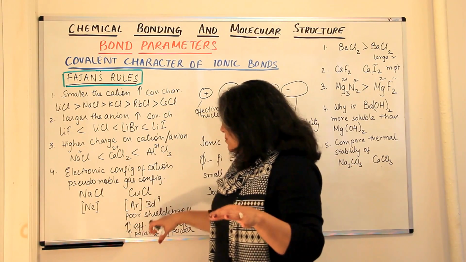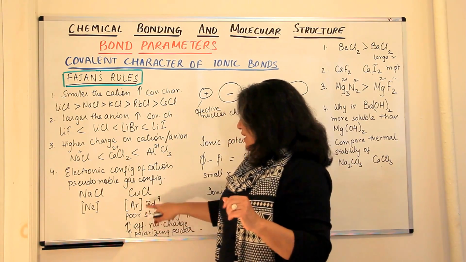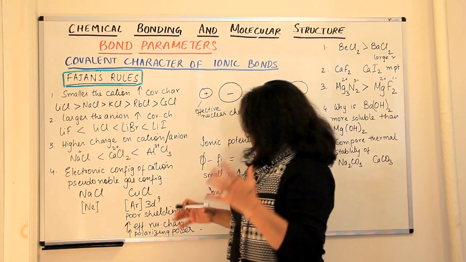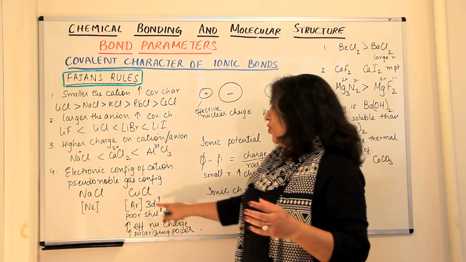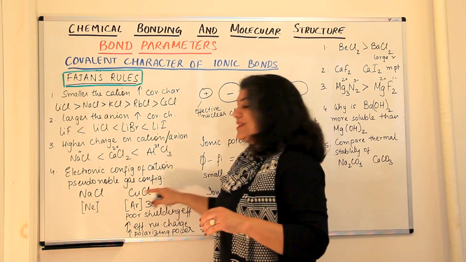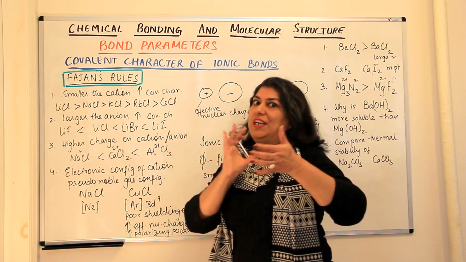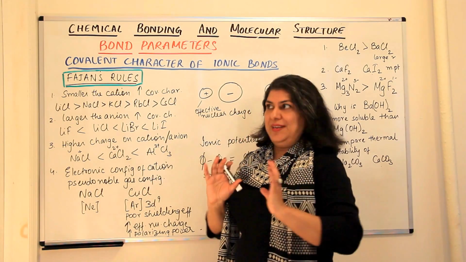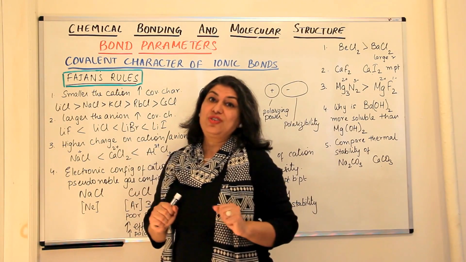So due to this diminished shielding effect of the d orbitals, the effective nuclear charge on the outermost electrons increases, because these d orbitals were not able to shield, and therefore the nucleus is more effective for the outermost electrons.